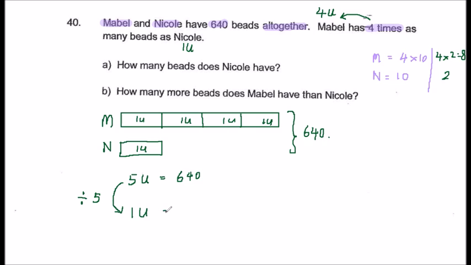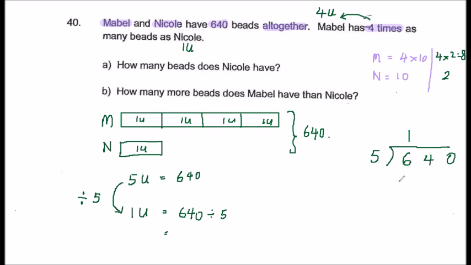So 1 unit equals 640 divided by 5. What do we get? Jane, because your long division is not very good now, I will show you again how we do the long division. 640 divided by 5.